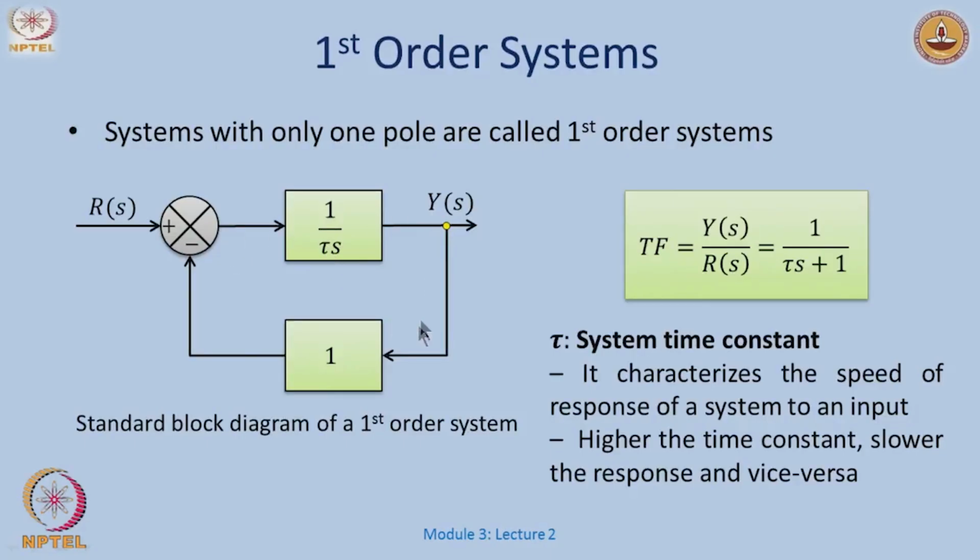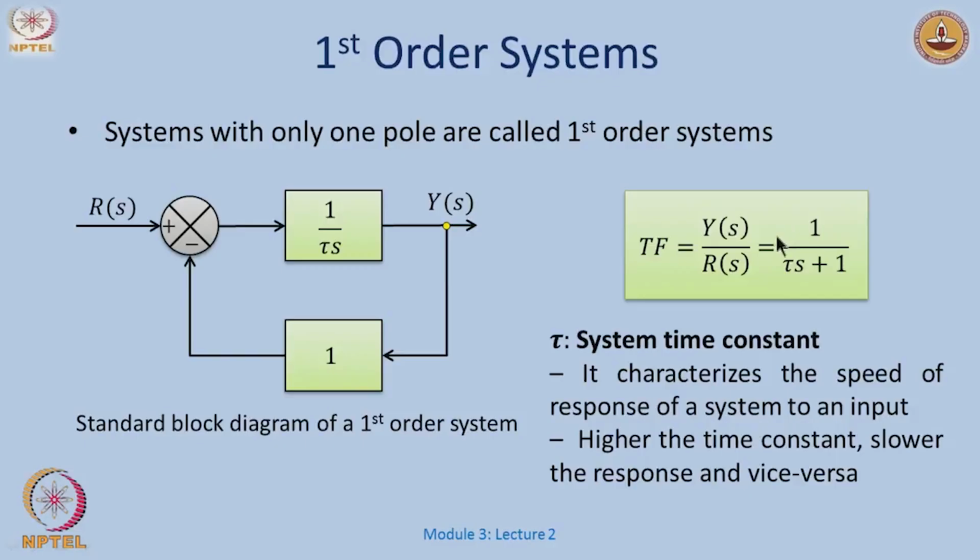If I do the standard feedback interconnection and compute the transfer function, I get that the transfer function from r to y, y over r, is 1 over tau s plus 1, and r could be the reference signal which my system is subject to, and I will see how my system behaves for different reference signals. The tau is a system constant and it characterizes the speed of the response of a system to an input, and we will see this with the help of an example.